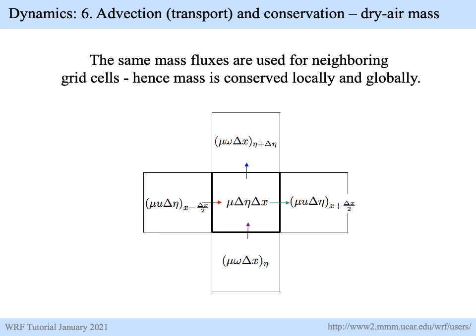And because we have local conservation, it means we have global conservation, meaning that mass is conserved over the entire domain because you can integrate over your entire domain and all the changes in mass will cancel each other out and you'll be left with the exact same mass except for what's flowing into and out of the domain based upon the boundary values that you're using to drive the regional version of WRF.